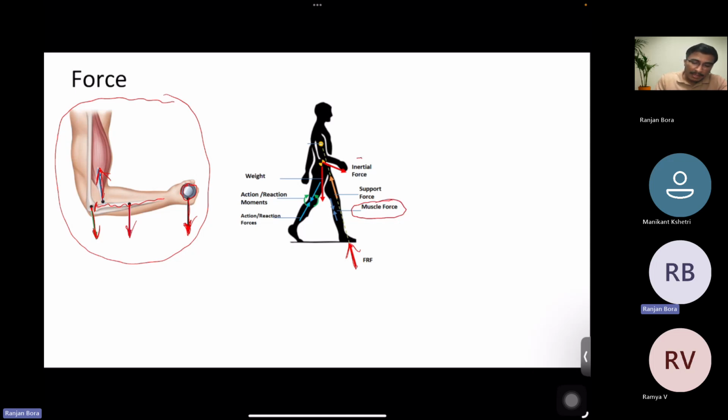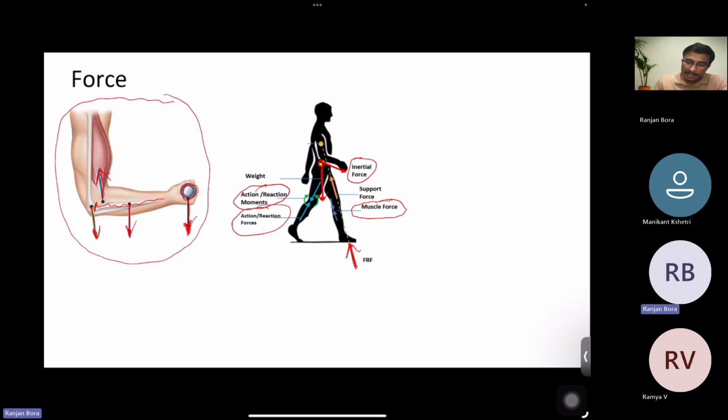And these are the inertial forces, meaning we have body weight which will act through the center of gravity of our body. And in the joint, you can see there are action reaction moments and action reaction forces.